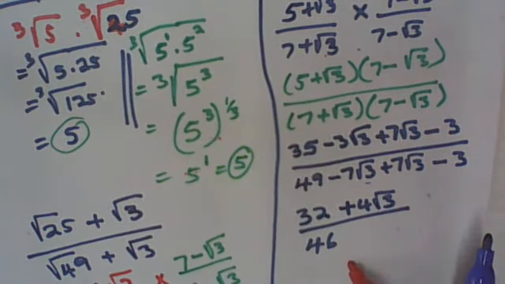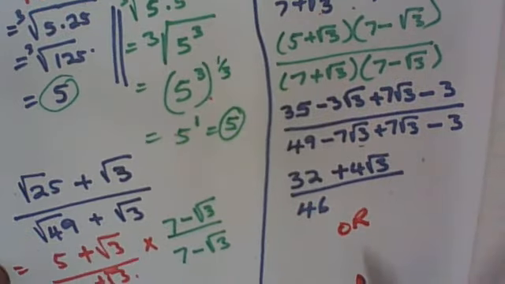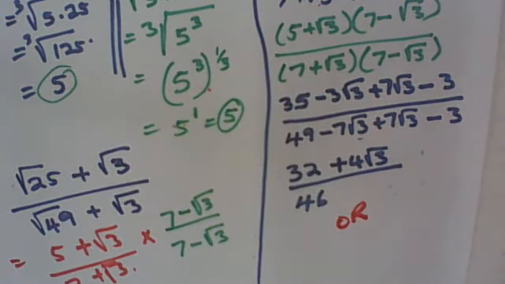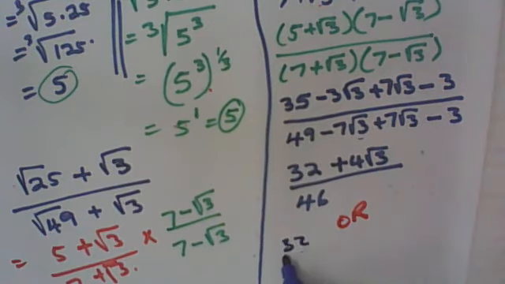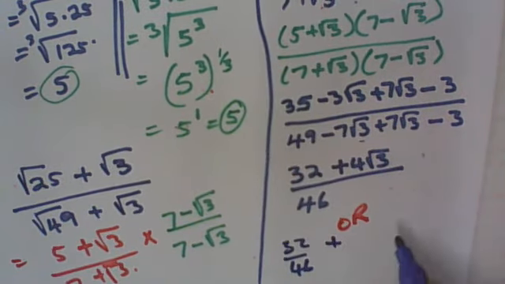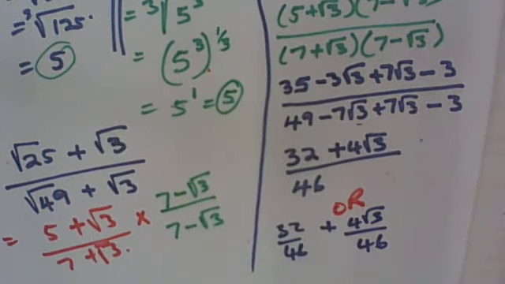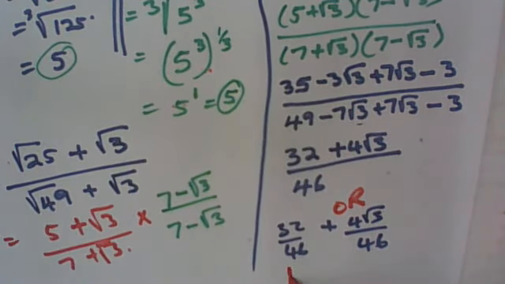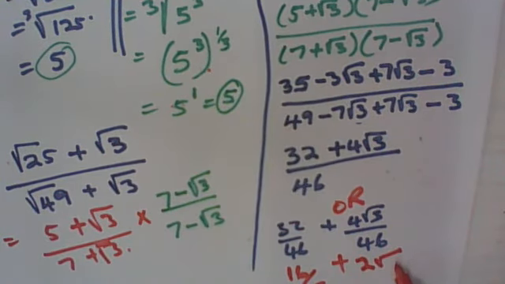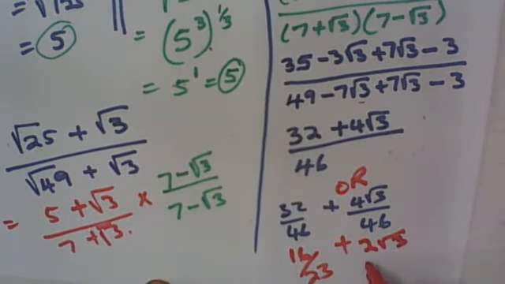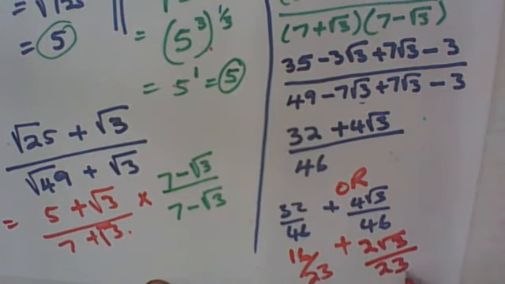Let me show you. You can write it like this: 32 over 46 plus 4 square root of 3 over 46. And then you work it out. Dividing by 2, that will be 16 over 23 plus 2 square root of 3 over 23.